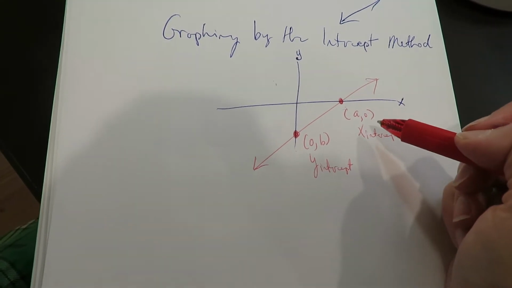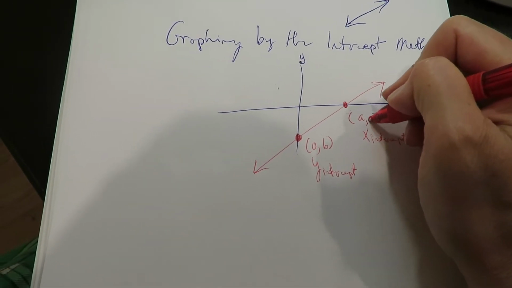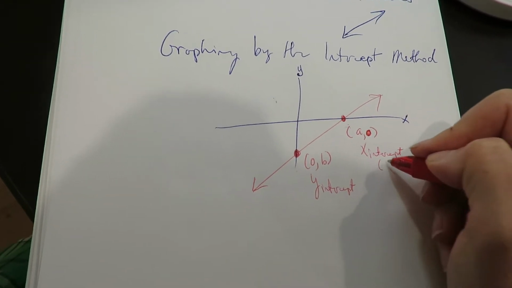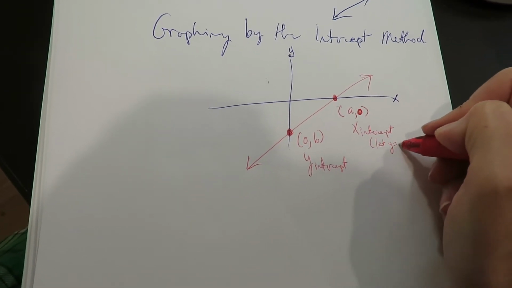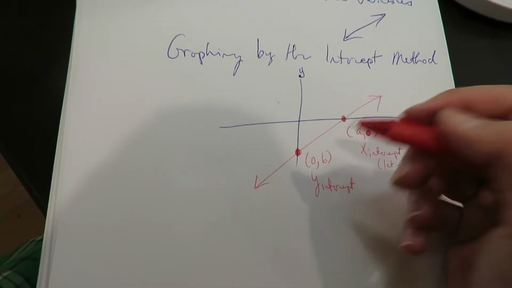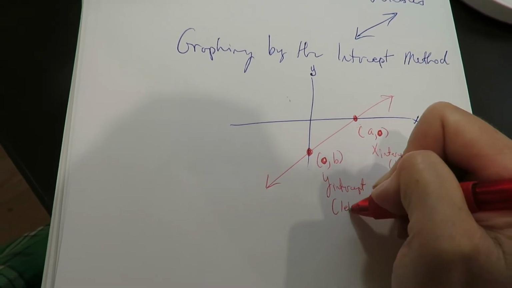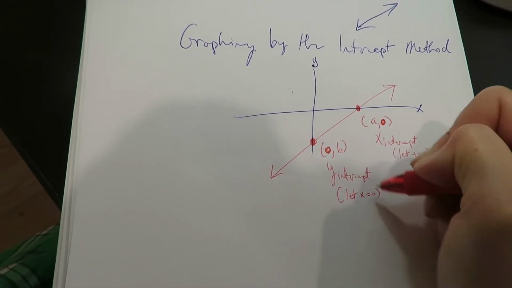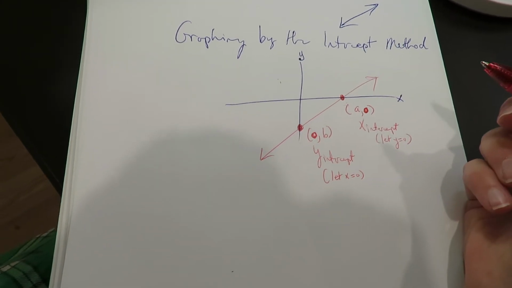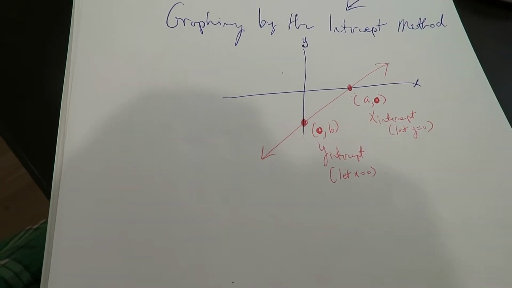Now, if you're doing the x-intercept, the y value must be 0, right? For the x-intercept, you have to let y equal 0. That's how you do it. The y goes away. For the y-intercept, you have to let the x be 0 because you have to make the x go away. Okay? All right, let's try an example using the intercept method.